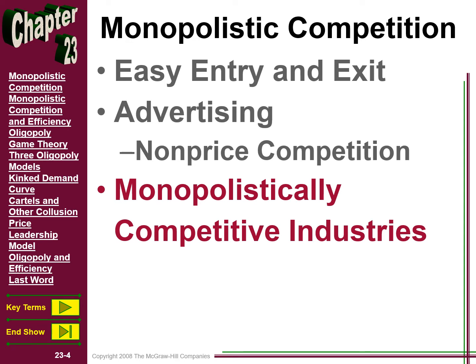They try to differentiate their product based on the quality and attributes of their product, and they have some control, but not a high degree of control over price. Easy entrance and exit into the industry, and then advertising. At the end of this presentation, we'll talk about the pros and cons and benefits and costs of advertising.